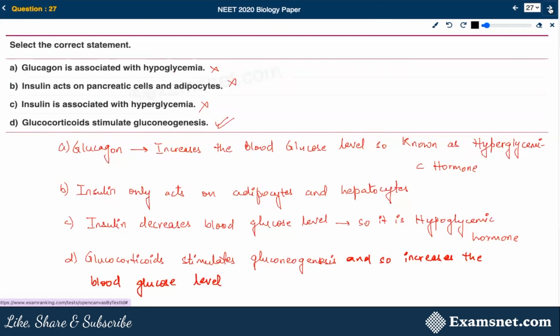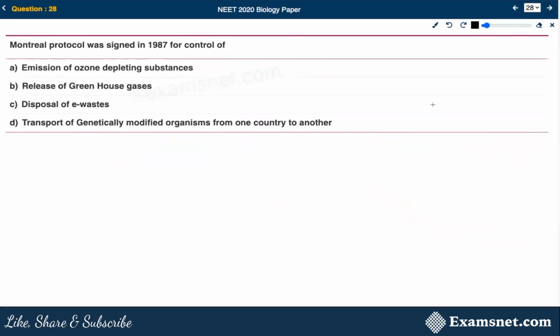All right. Now let's move on to the next question, which says that the Montreal Protocol was signed in 1987 for the control of. Now, the Montreal Protocol is one such protocol that was actually signed on 16th September.